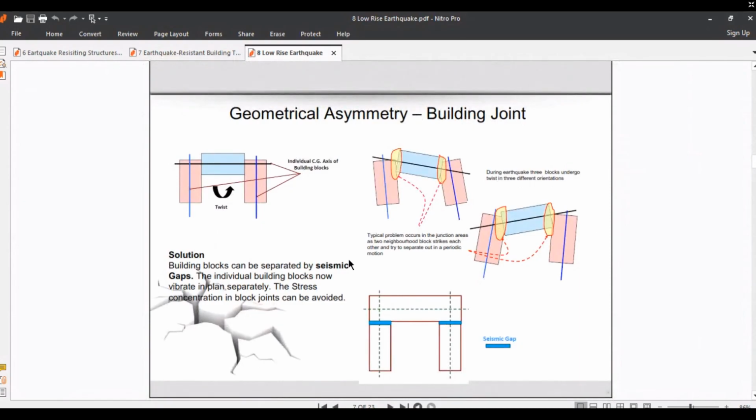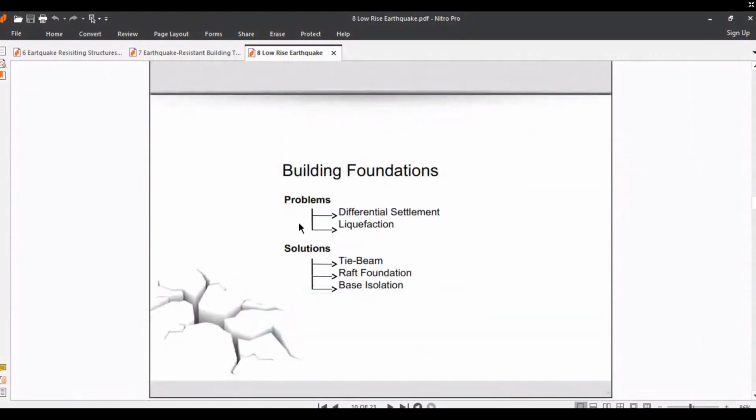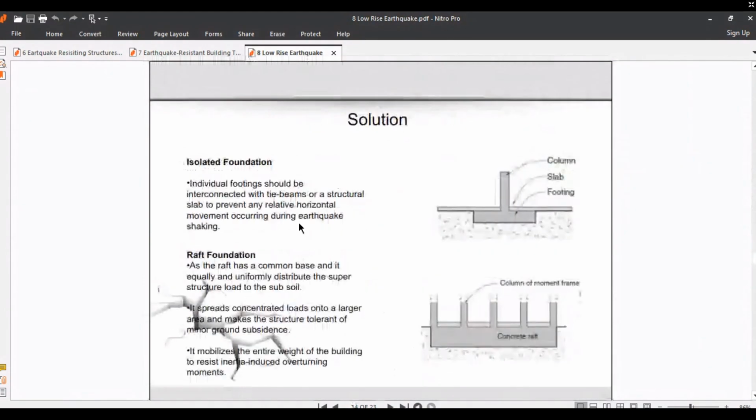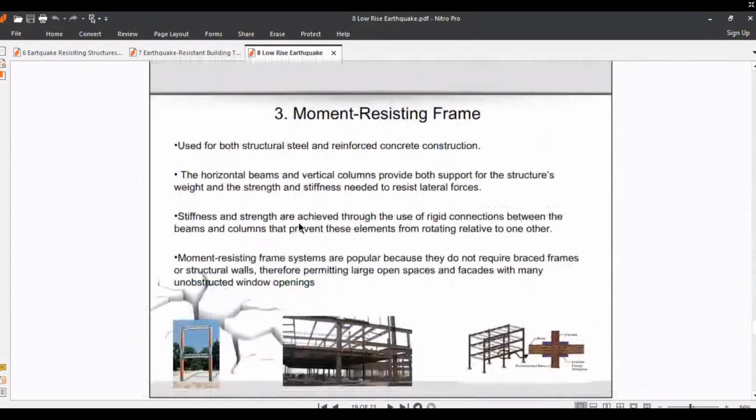So I have explained and described some types of resistant building shapes, such as geometrical symmetry, mass symmetry, or resistance moment.